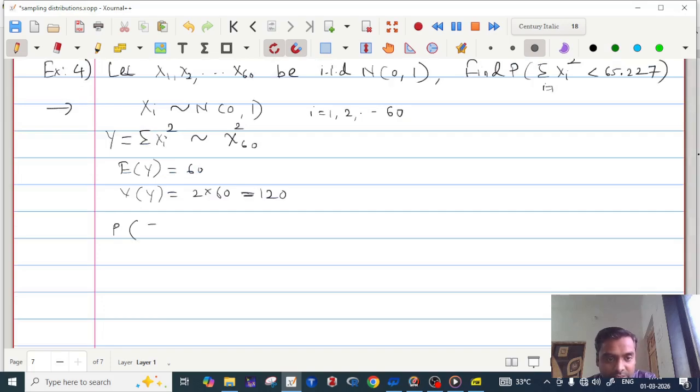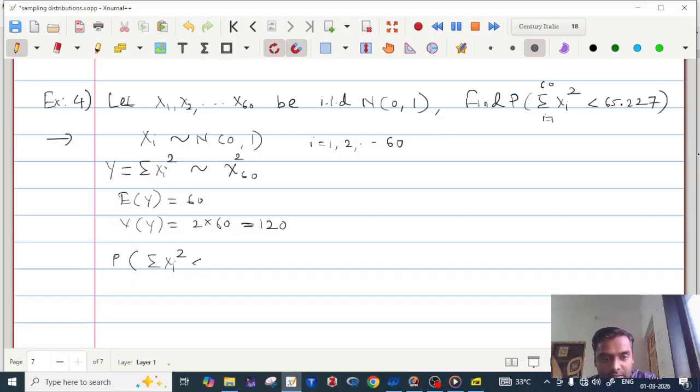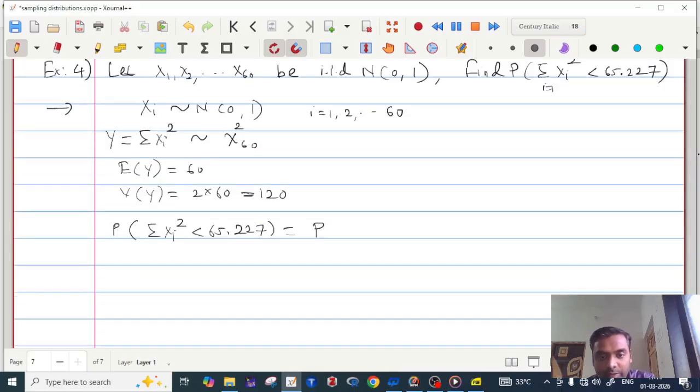Probability of summation Xi square less than 65.227. This is Y, and Y is chi square 60. Probability of Y less than 65.227, this is the probability of chi square 60.